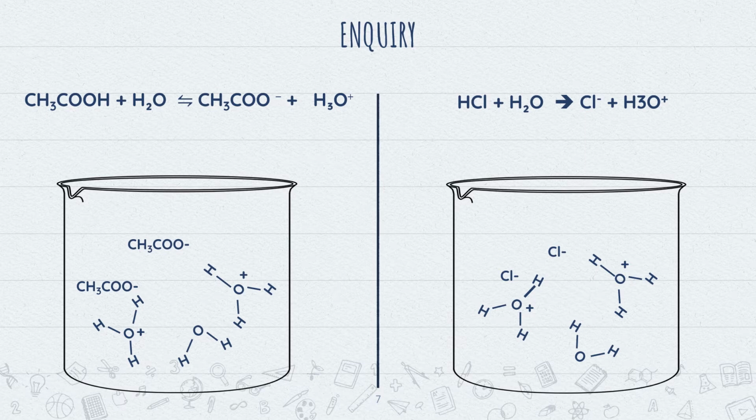Let's pay attention to the backward reaction. Focusing on the left hand side of the slide, we have ethanoate as our conjugate base.